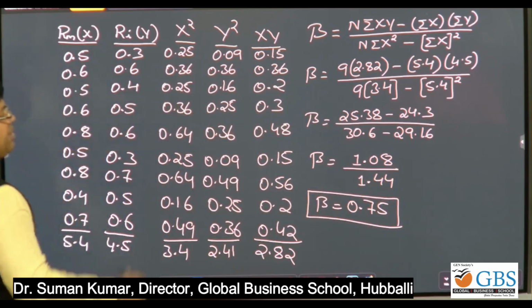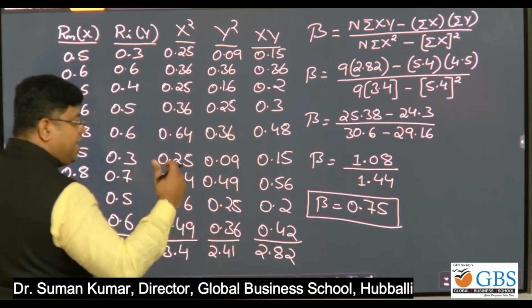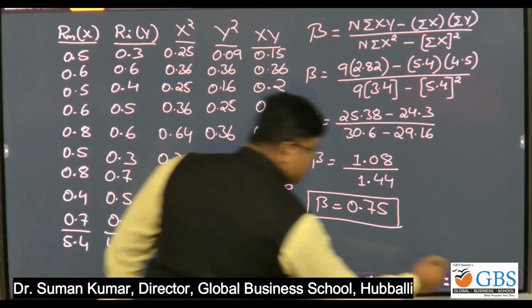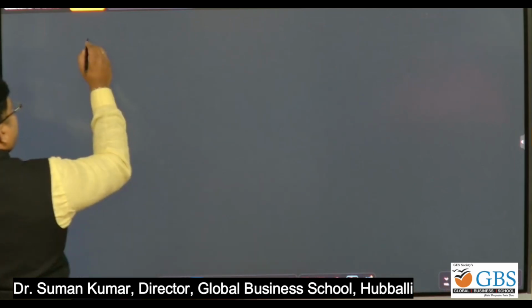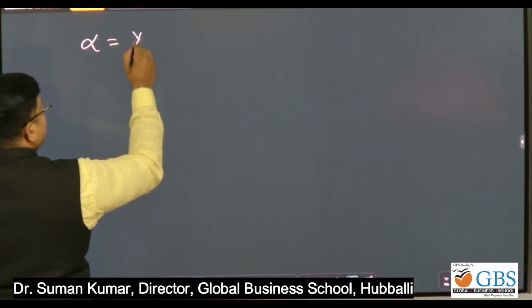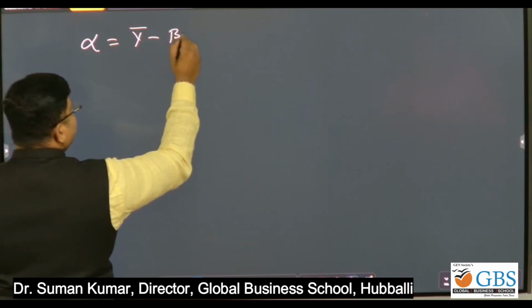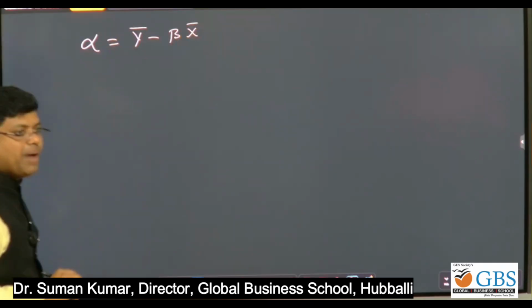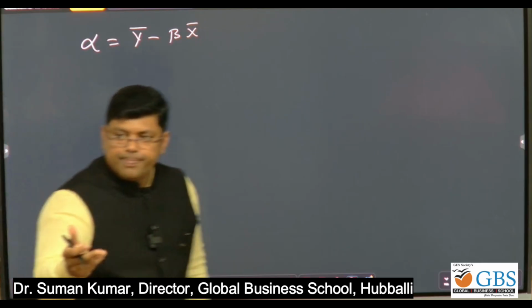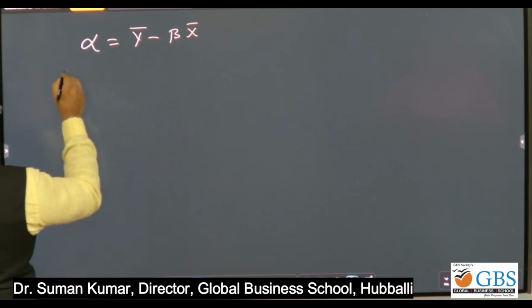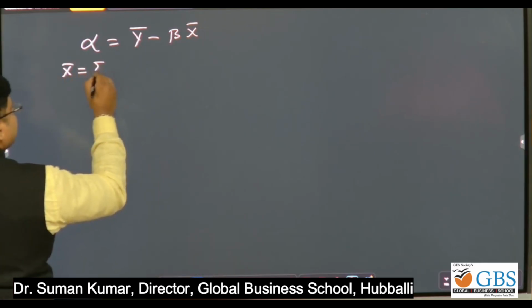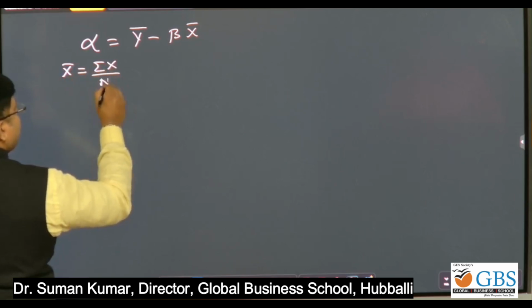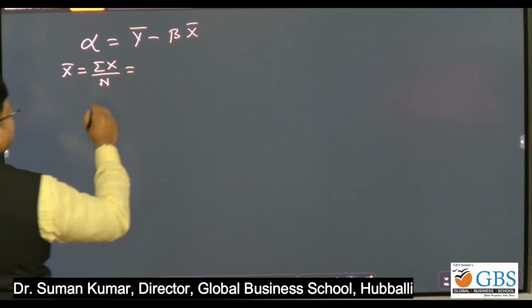After finding beta, we have to find alpha. Alpha is equal to y bar minus beta x bar. First our job is to find x bar and y bar, because we don't have them. How to find x bar? X bar is equal to summation x upon n, or small n, anything is okay.